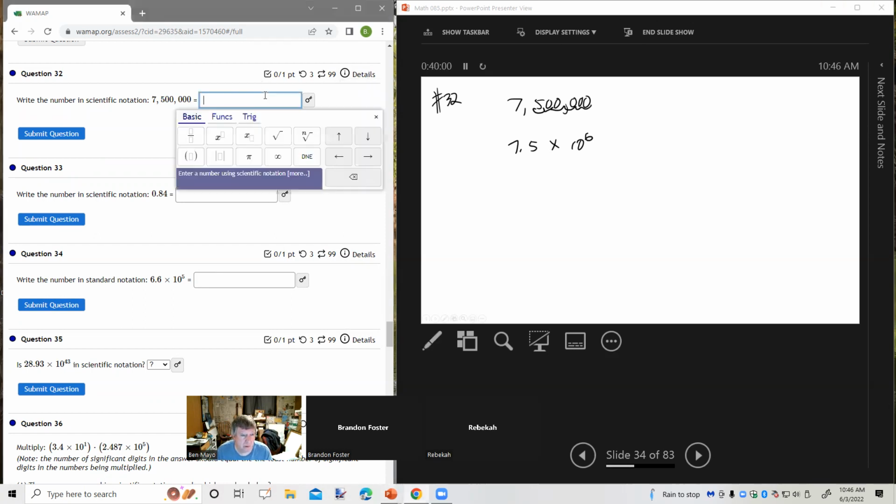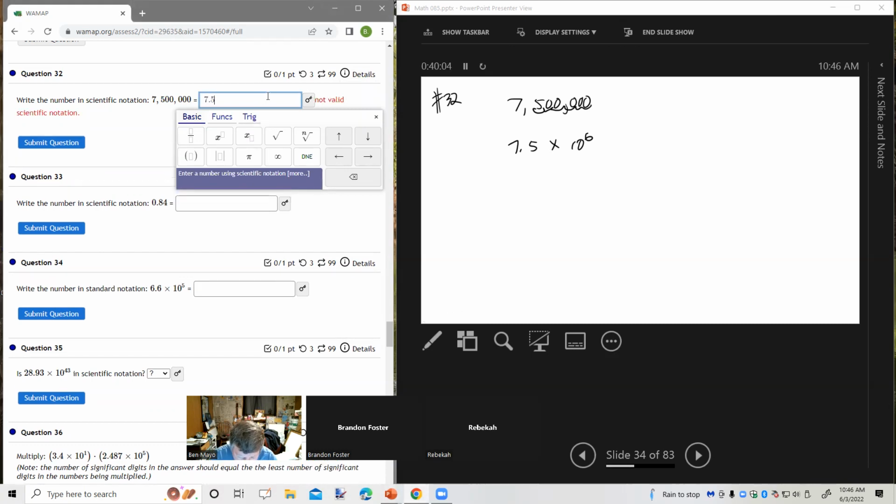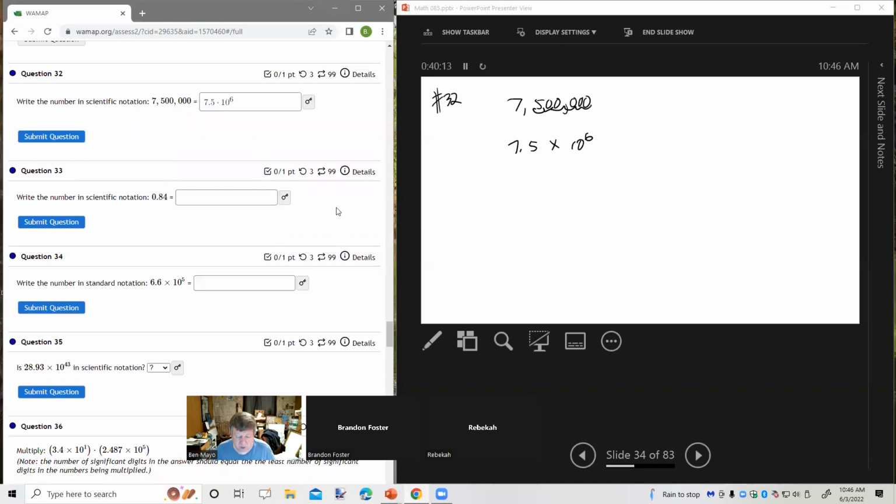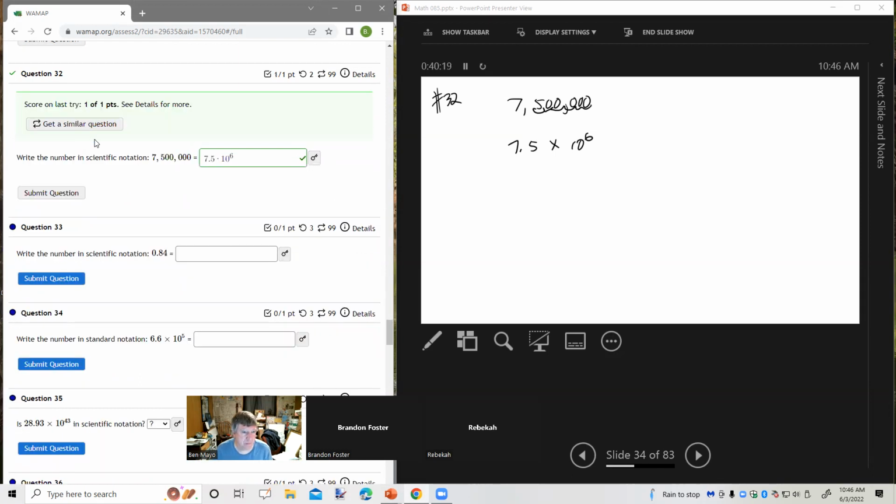So 7.5 times 10 to the 6th power. And again, I'm using the shift key and then the asterisk above the 8 as my multiplication dot. All righty.